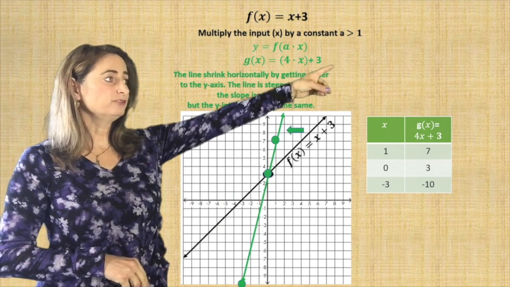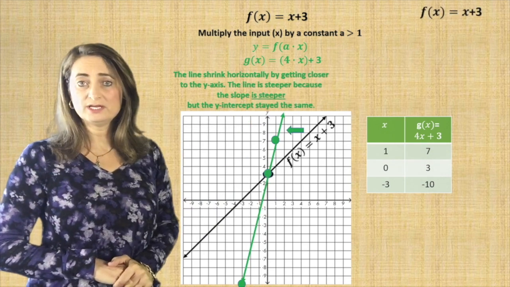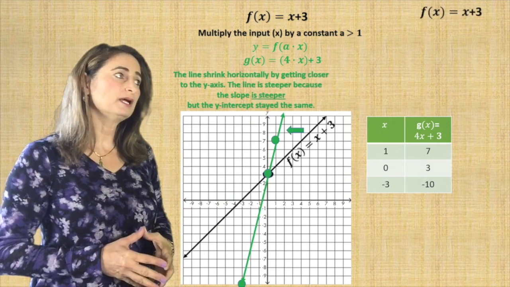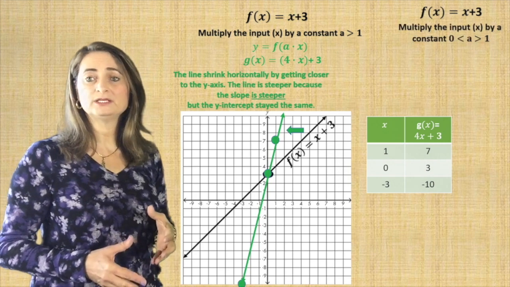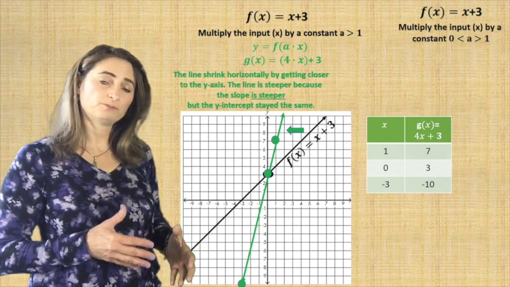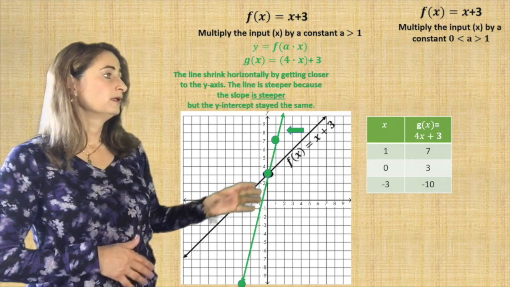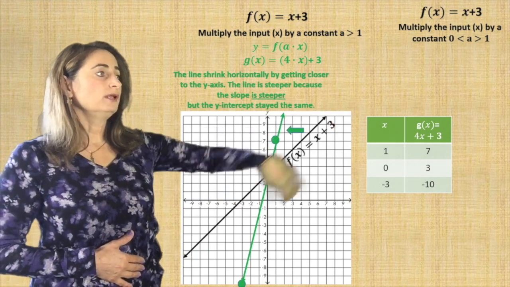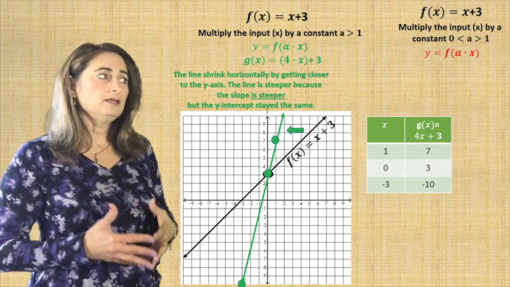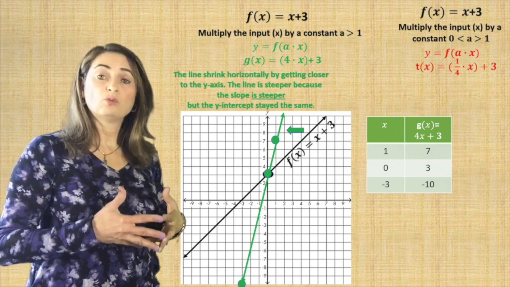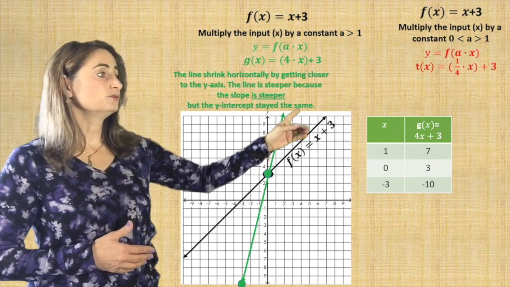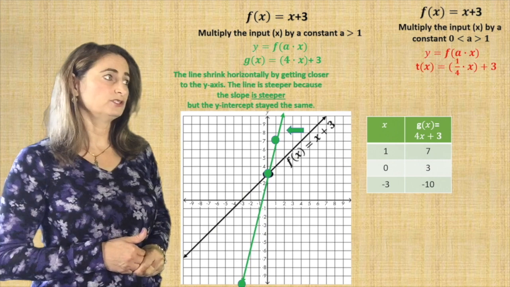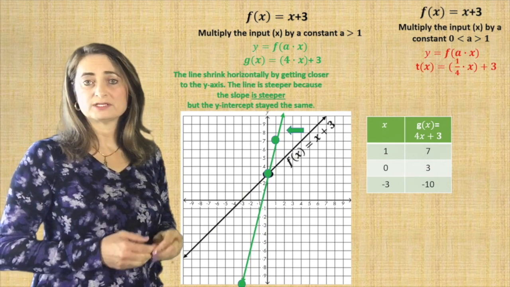Now let's see if we take the f of x equals x plus 3, but now I need to multiply it by a constant between 0 and 1. So more than 0, less than 1. Then you get y equals f of a x. Again, the constant is a, but this time I need 1/4 of x. So t of x, which is the new transformation, equals 1/4 of x plus 3.